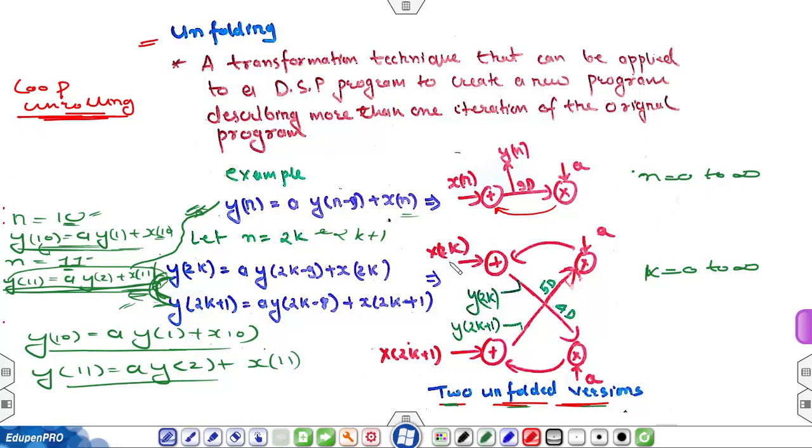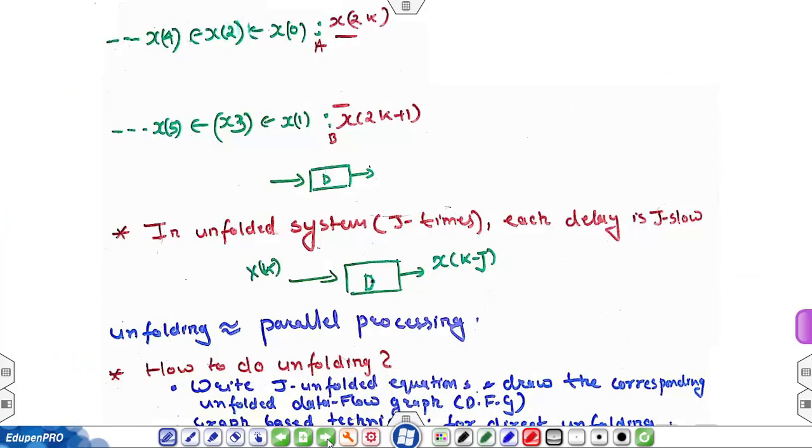So before explaining this circuit, I would like to explain the concept of delay in unfolded architecture. In an unfolded system, that is unfolded j times, each delay is j-slow.